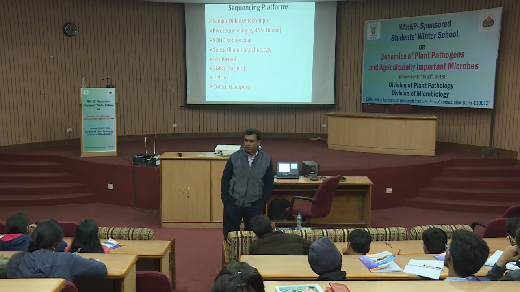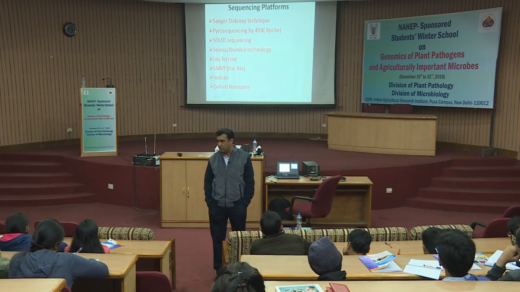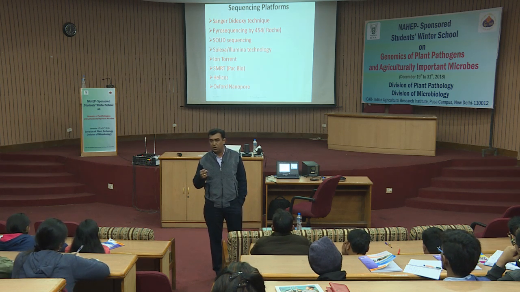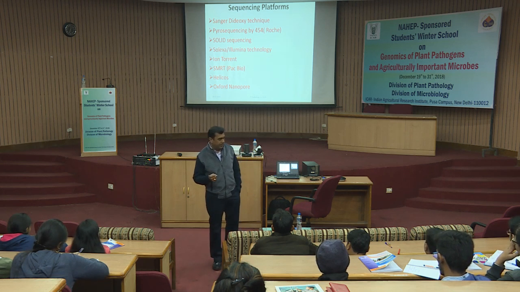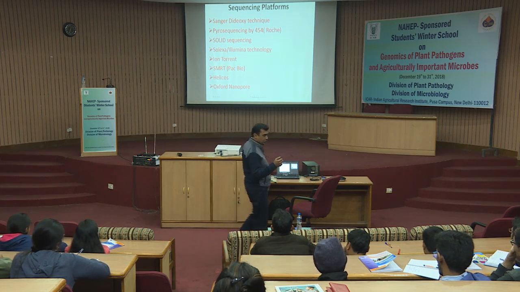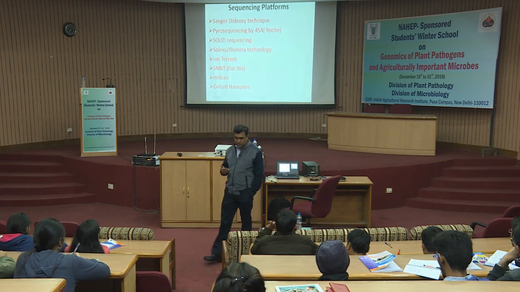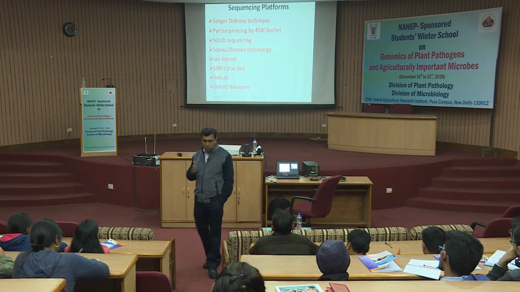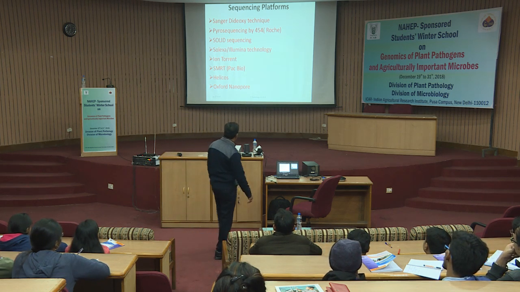A couple of them have been stopped or are outdated, but we have to see how they worked, because that was a wonderful principle, and they were really good as long as they were in the market. But these 8 or 9 sequencers are the only tools that we have for sequencing.